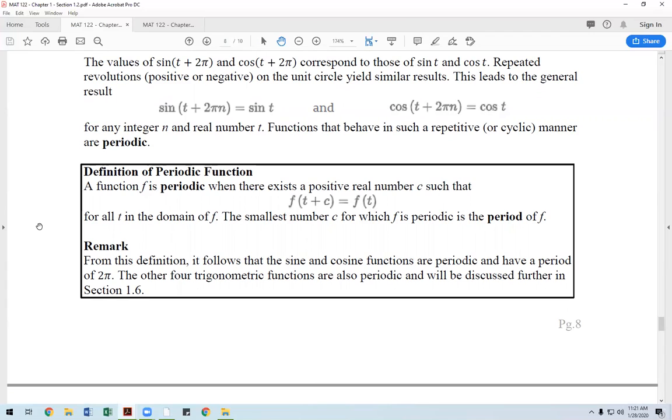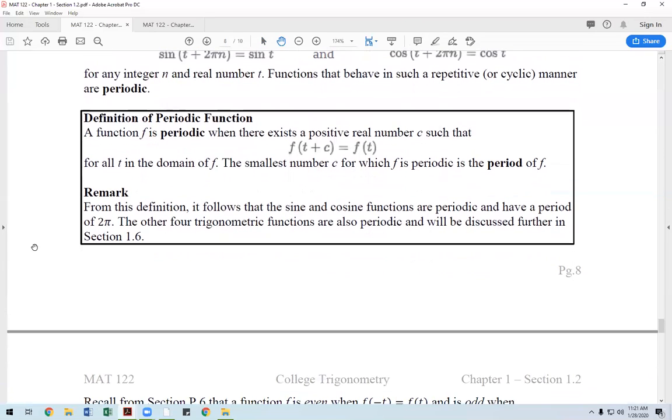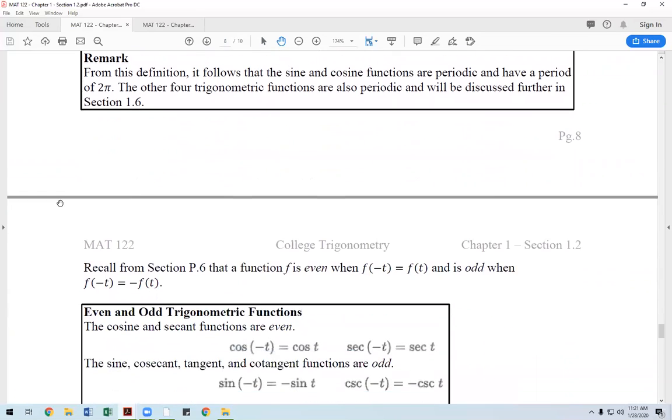So the idea is, whichever is that smallest value of c that brings you back to the original number or original place is what we call the period of your function. So for sine and cosine functions, that value of c, of course, is going to be 2 pi, because that's your complete revolution. Now for other trig functions, your tangent, cotangent, secant, cosecant, we'll talk about their periodicity later on, but as far as sine and cosine functions go, both of them have a period of 2 pi.